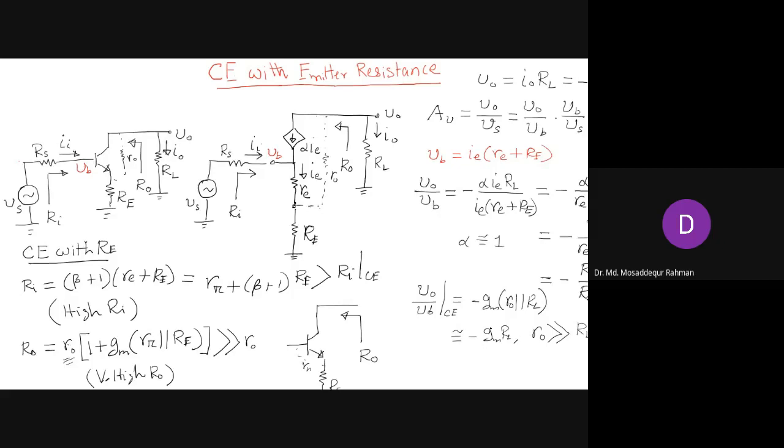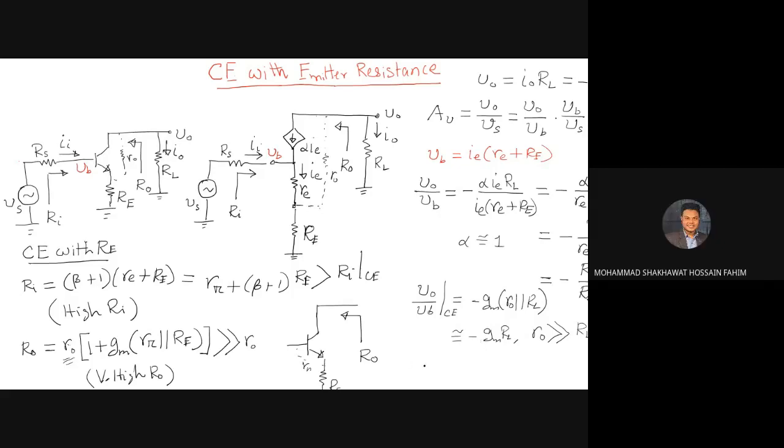So that is the gain expression for the common emitter. And what is GM? How can we express GM in terms of small re? Do you remember?